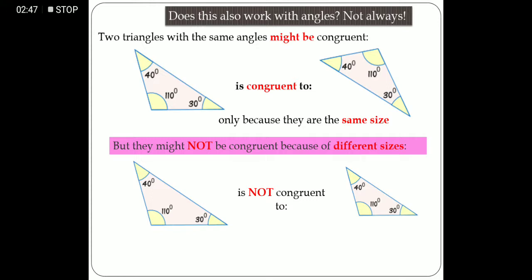So if we draw them on the same paper and cut them and put the first one above the other, they don't fit exactly, so they are not congruent. And having three equal angles is not always a rule. Up till now the rule is I must have three equal sides in the two triangles to say that they are congruent.